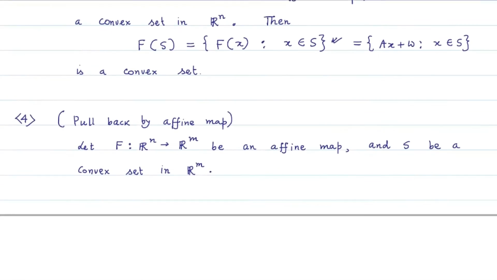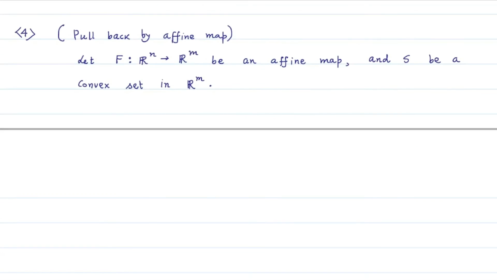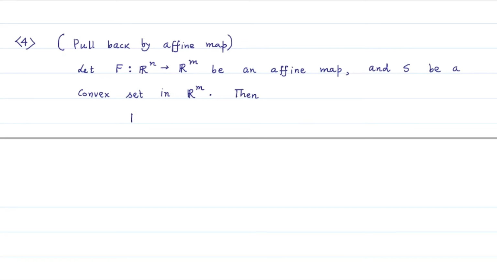Then the preimage of capital S under the function f, which we denote by f inverse S, that is the collection of all vectors in R^n for which f(v) is in the set capital S, is a convex set. I will not again prove this result. You please figure out the proof for this result. It is again a bit trivial.